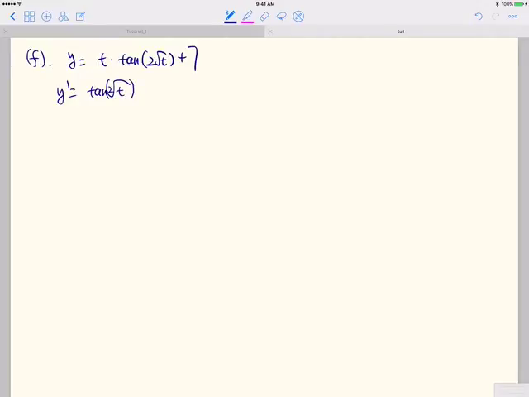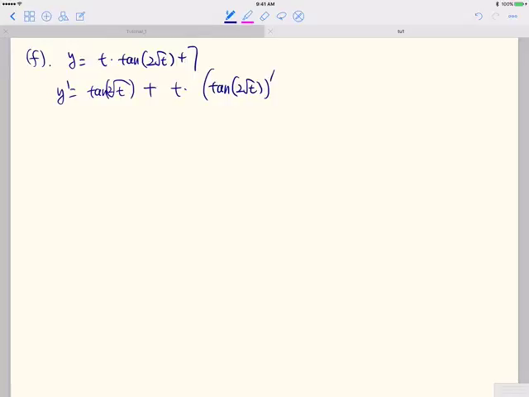Because the derivative of t is just 1, we ignore that part. Later we have t times the derivative of tangent of 2 times square root of t. So this is another composition, so you have to use the composition rule.